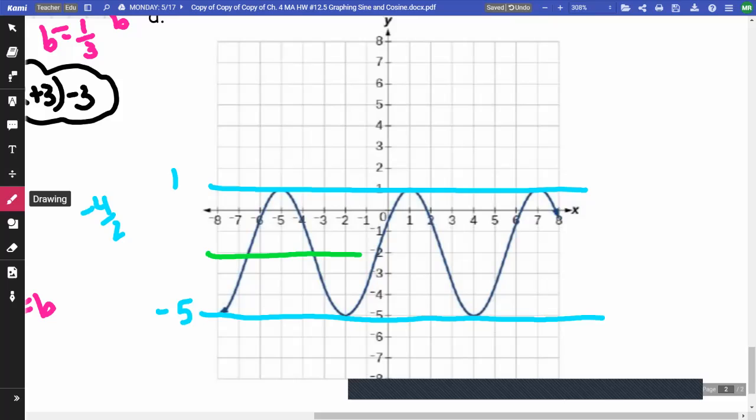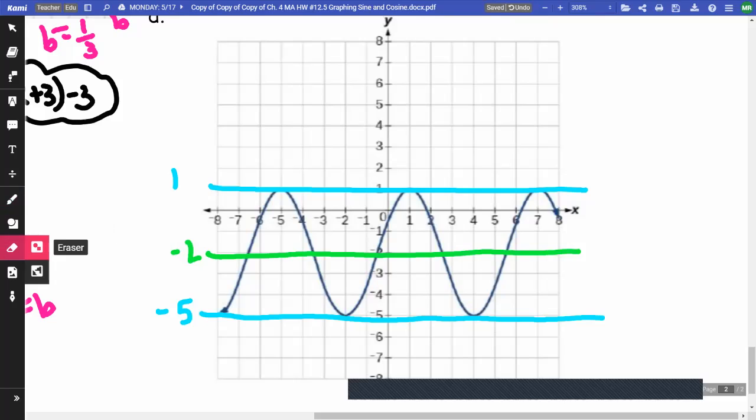I can also count, but sometimes it might be hard. So you would just average your high and low, and that's going to be your middle. Add them up, divide by 2. So I know my K is going to be -2, and my A is going to be a 3 or maybe a -3.